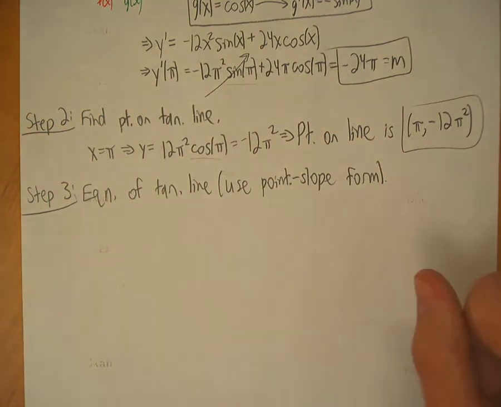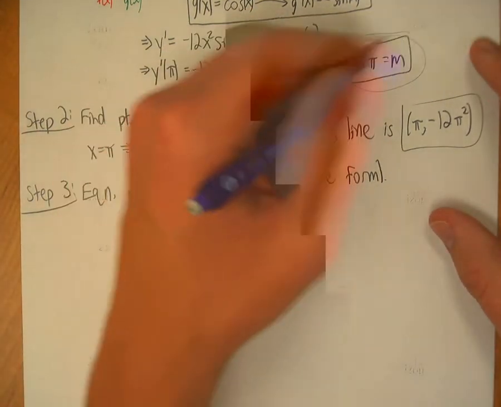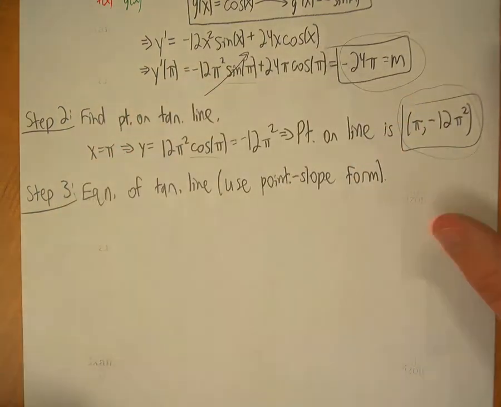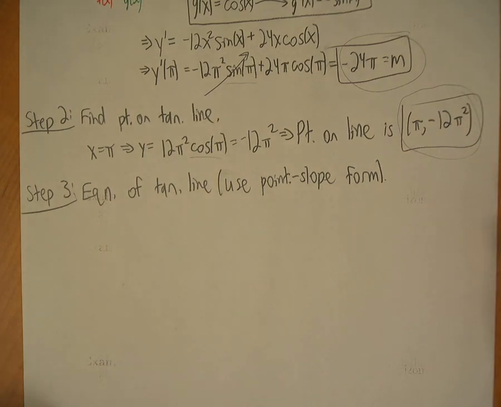So if we use point slope form, given that our slope is negative 24 pi, and our point on the line is pi comma negative 12 pi squared, if we put everything in the point slope form, what should we end up with as our line?